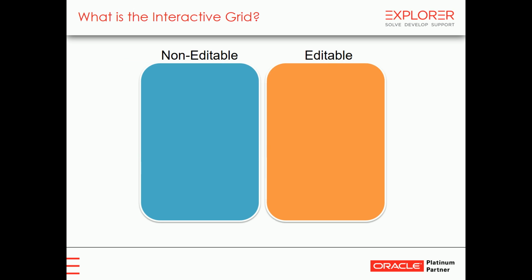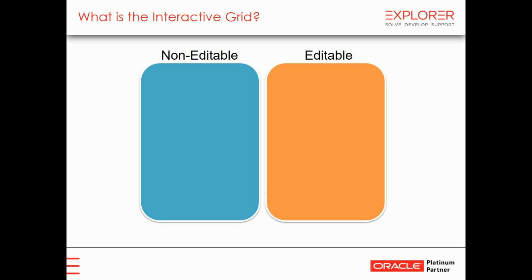Okay, so for those of you who don't know what an interactive grid is, it comes in two real flavours. So there is the non-editable interactive grid. You may create this by default if you create one of these region types through the wizard, and you've also got the editable version as well. So moving between the two, it should be quite simple.